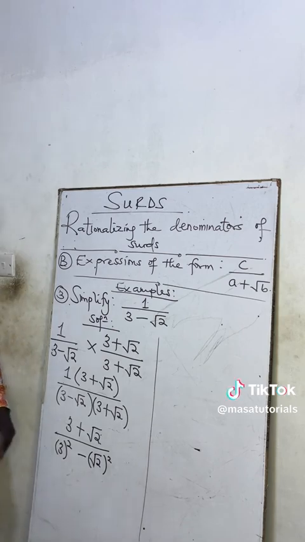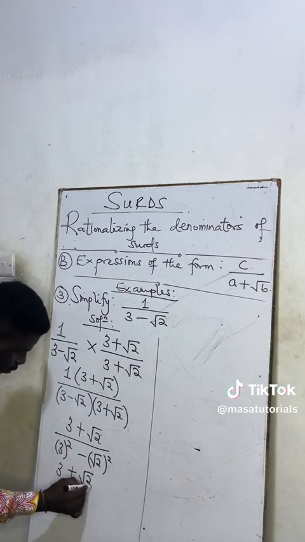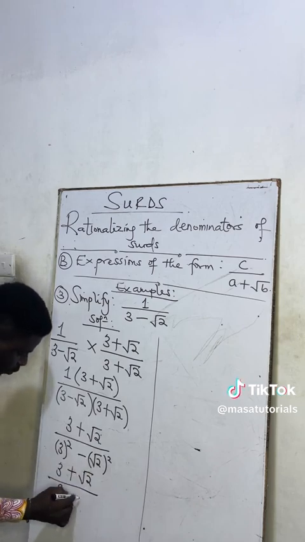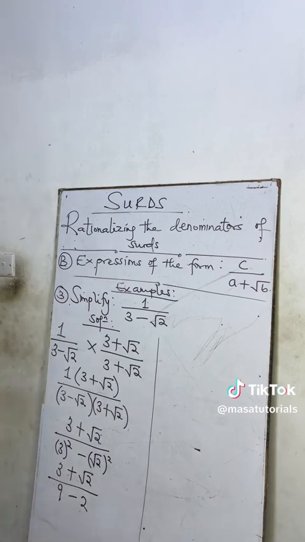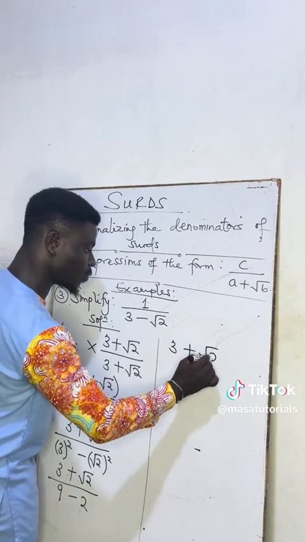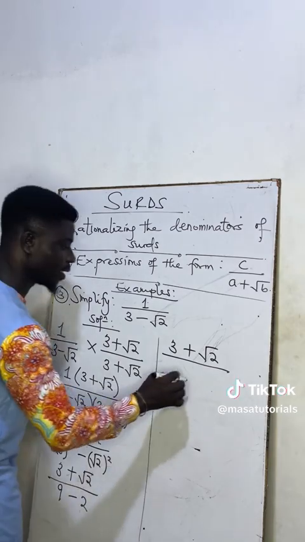So this is what we have. Now we have (3 plus square root of 2) all over 3 squared, which is 9, minus square root of 2 all squared, which is 2. Again, (3 plus square root of 2) all over 9 minus 2, we obtain 7.